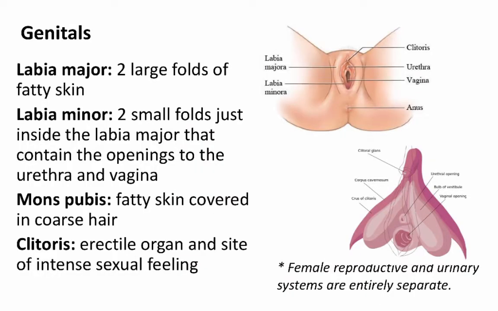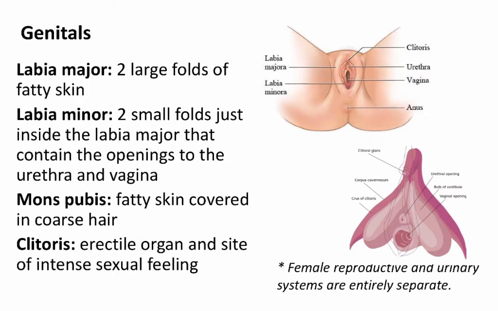So the external genitals of females include the labia majora or labia major, which are the two outer folds of fatty skin, and they are the same embryonic tissue that the scrotum is made out of. The labia minora or labia minor, which are just inside that, contain the openings to the vagina and the urethra.